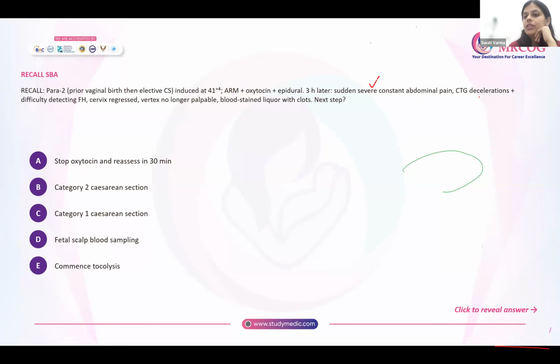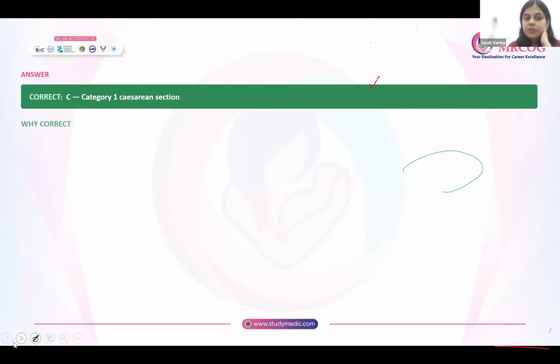On CTG, you get decelerations plus difficulty detecting the fetal heart. Cervix regressed, vertex no longer palpable, previous cesarean, all these factors, blood-stained liquor with clots point towards ruptured uterus. So here again, ruptured uterus, you will never leave for anything else but category 1 cesarean section.